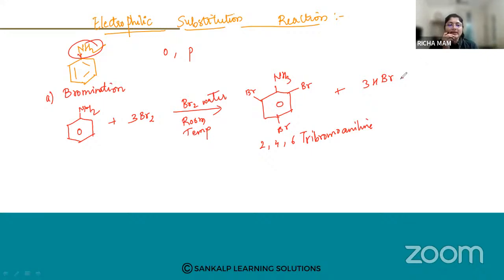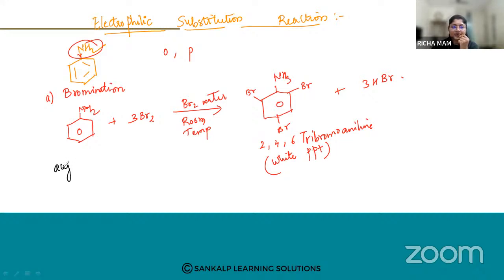So when aniline reacts with bromine water at room temperature, you get a white precipitate of 2,4,6-tribromoaniline. This is your bromination reaction.